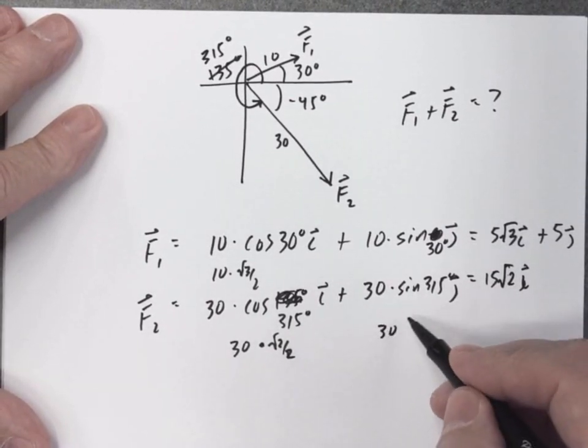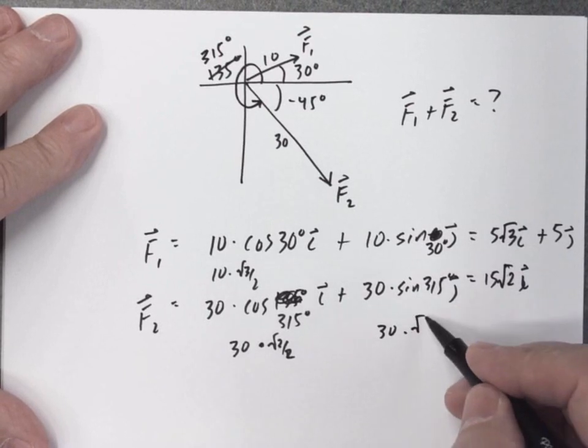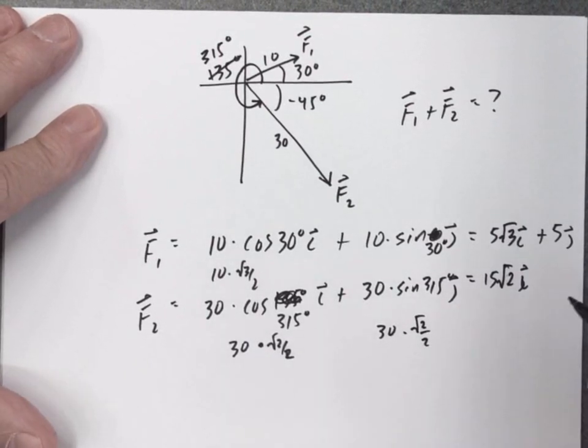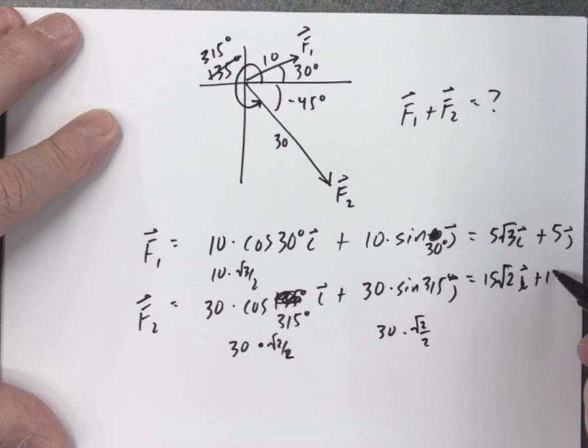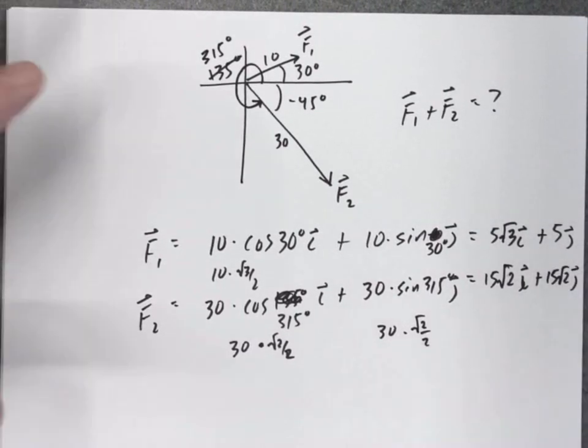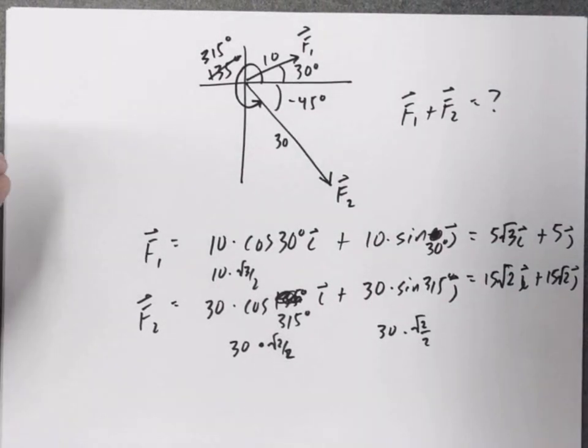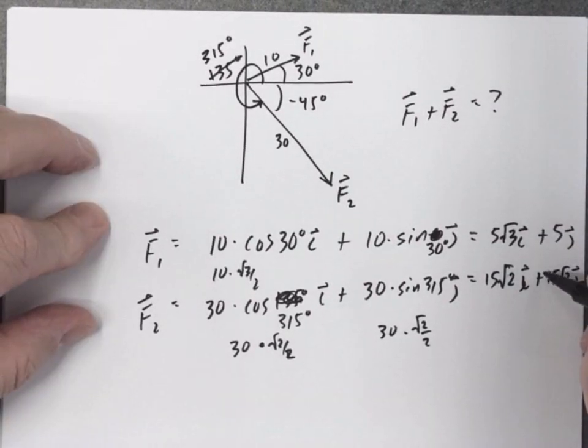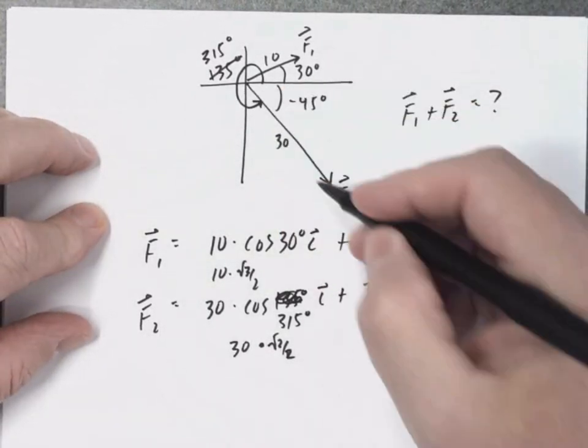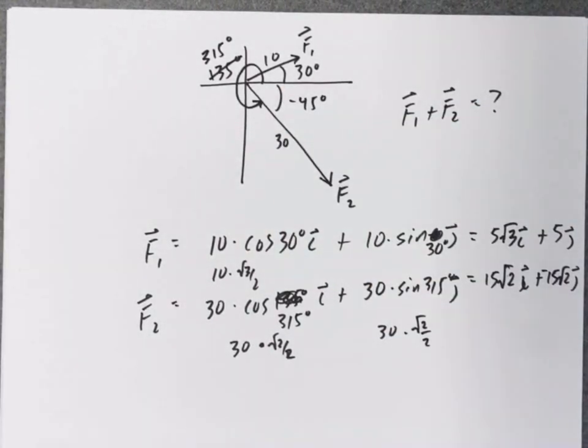Then 30 times square root of 2 over 2 gives 15 square root of 2 j. Except, be careful now, this should be minus. That's where it's good to have a graph, because I know the j is going to be minus.